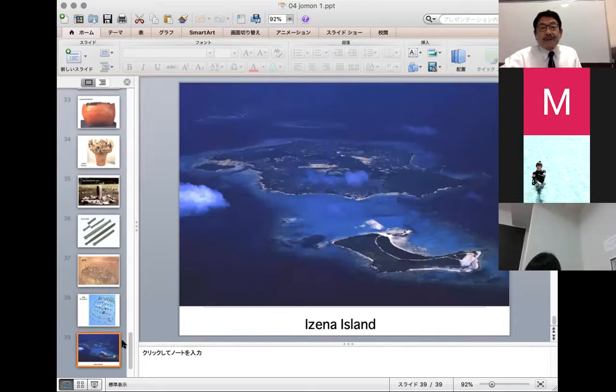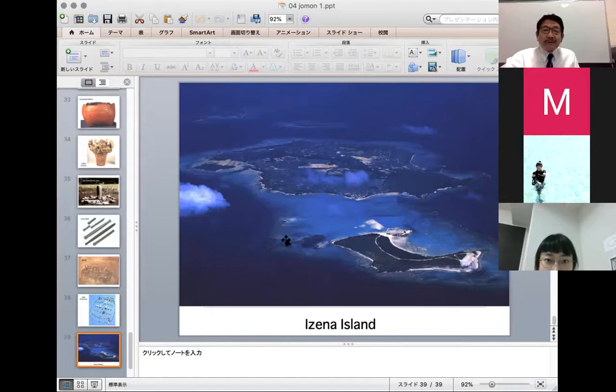This is one of the islands in Okinawa, the South Sea Islands, Izena, which I excavated many years ago in 1991. And we found a lot of Jomon stuff in those islands too. Jomon culture reached those Okinawa islands. So they went across the ocean for long distances. But you see, this is a tropic area.